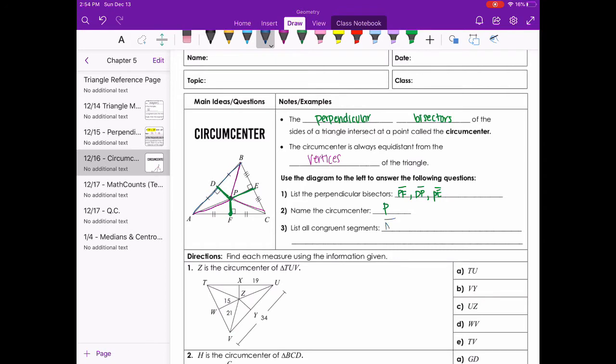And again, that was established when I said D was the midpoint and we created that perpendicular bisector. We also have BE and EC. We have AF and FC.